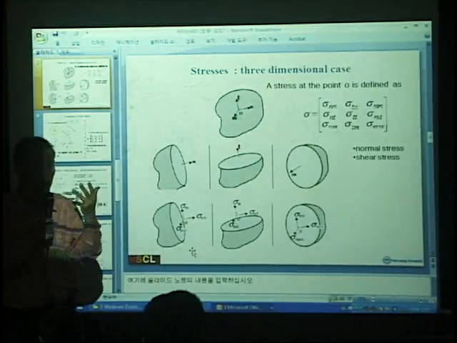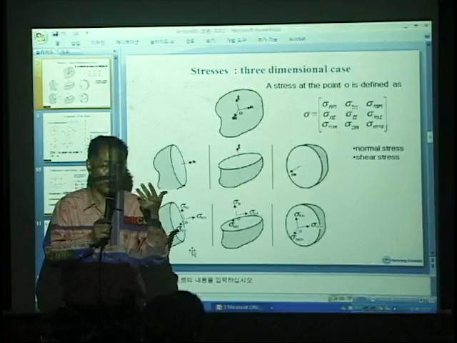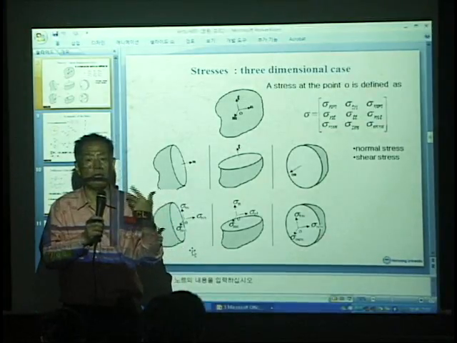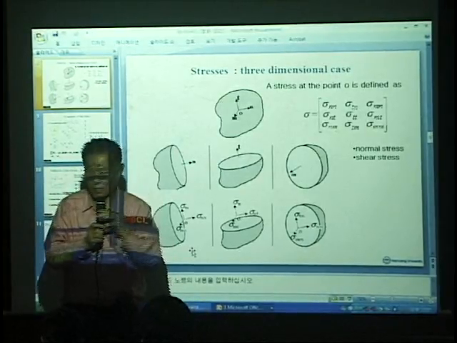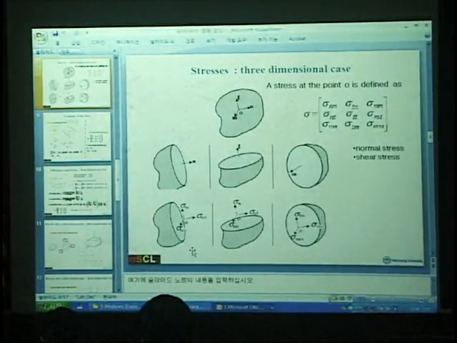Later on we will define strains, and later on we will define material properties in three-dimensional space.